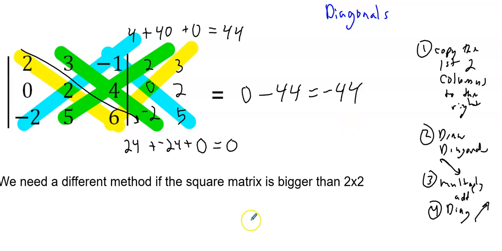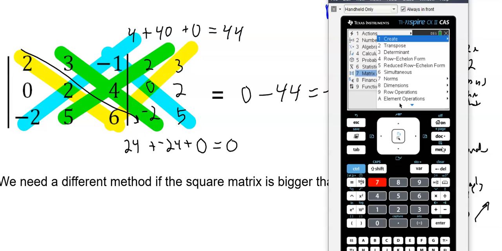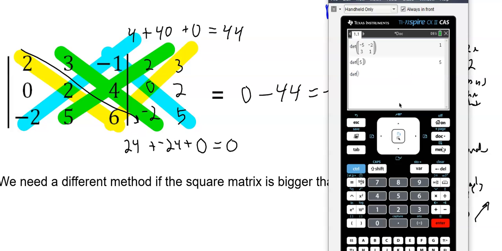So let's see if we did this right. It's been a while since I've done this, so let's just see what this looks like. So we go menu, matrix and vector. We're going to go to determinant, and we're going to put a 3 by 3 in there. That defaults to that.